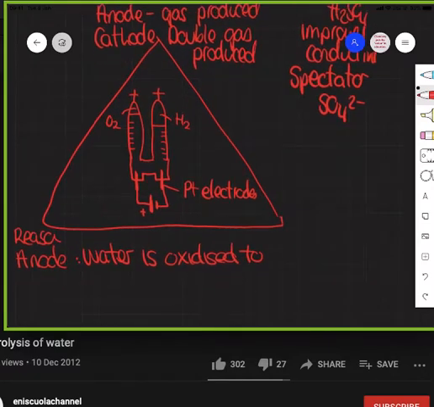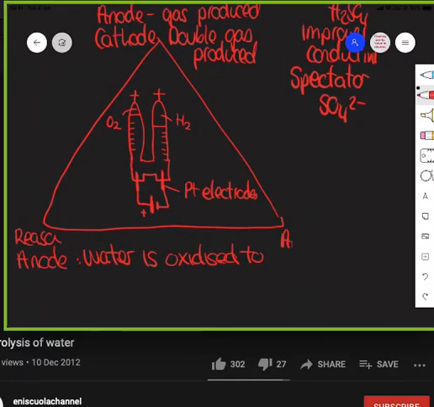Is it H2O plus energy gives protons, electrons, and oxygen? It is. Good job. So it is H2O gives 2H plus, a half O2, plus 2 electrons. This comes from photosynthesis and respiration. So water is oxidized to protons and oxygen.